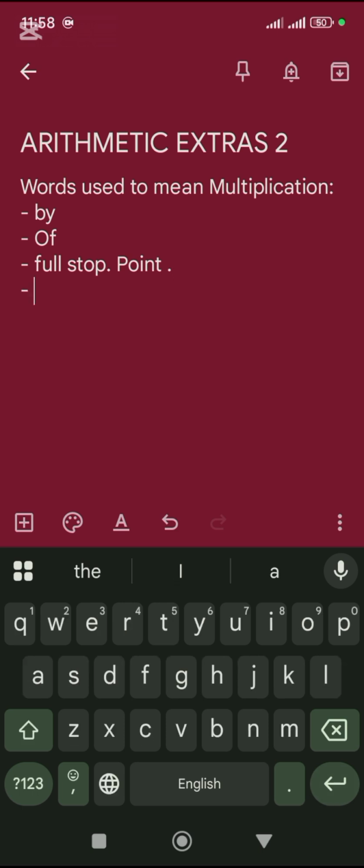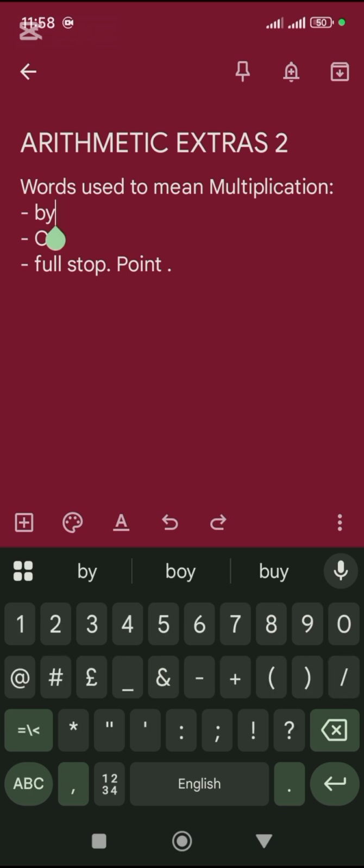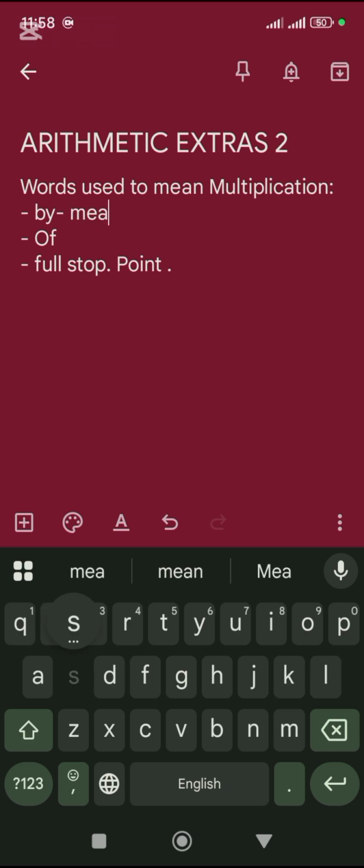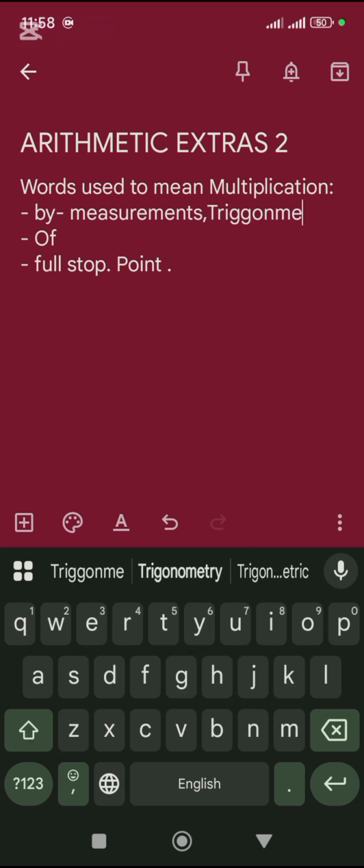And so words like "by", you will find them mainly in measurements. You will see it also in trigonometry, and so on and so forth.